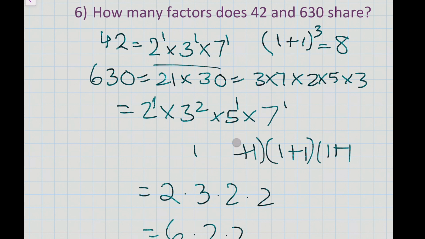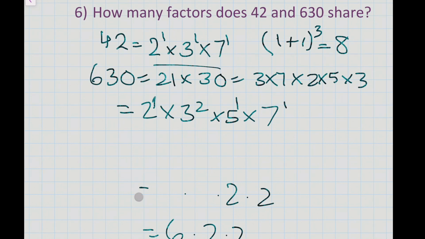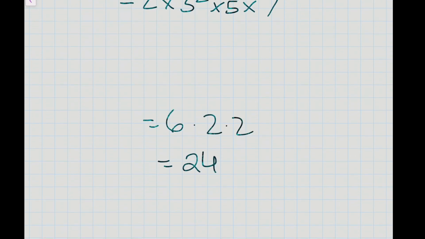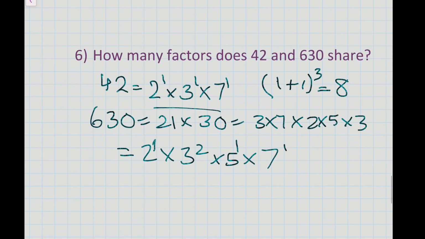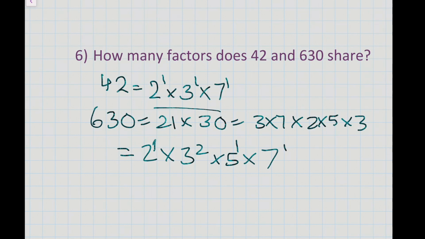So let's take a look again at the prime factorization of both of them. 630's prime factorization has the same components as 42's prime factorization, but it has an extra factor of 3.